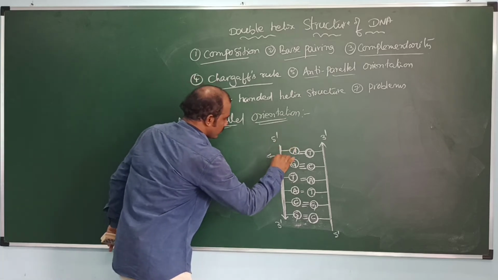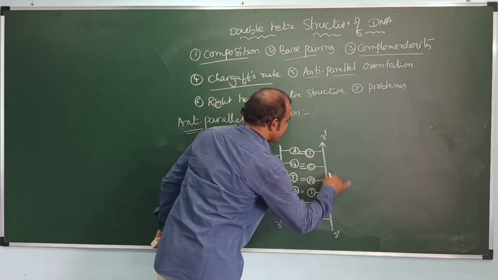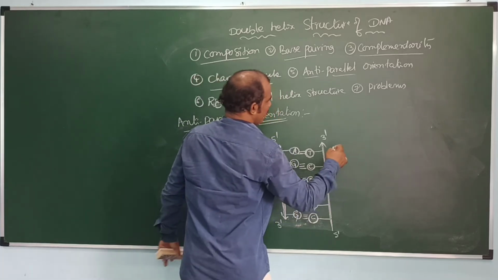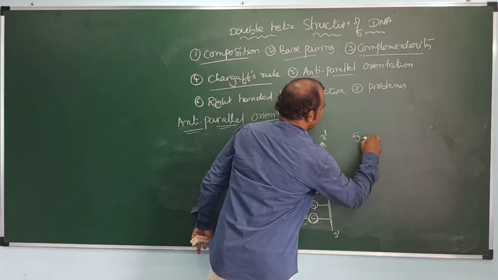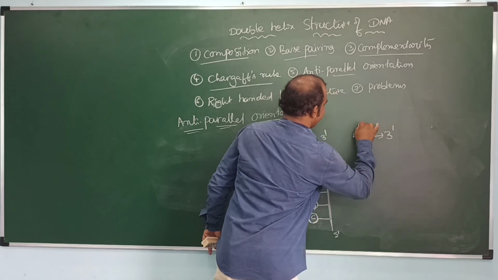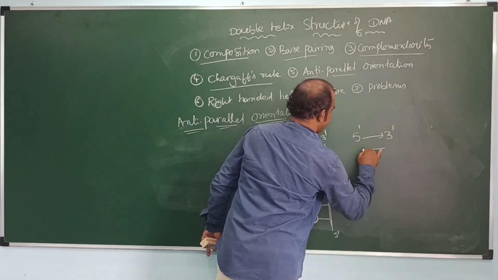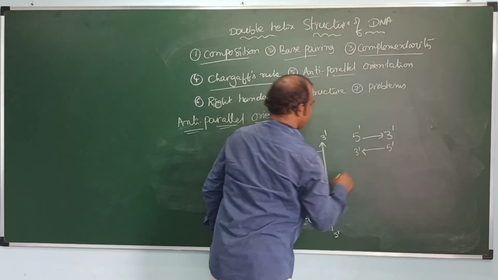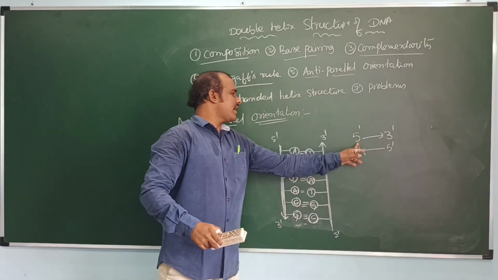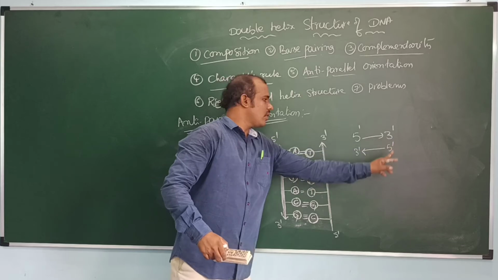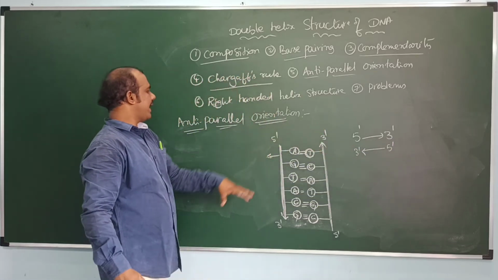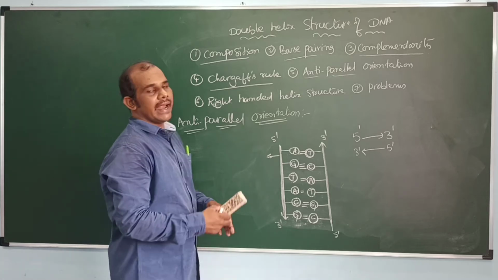One runs downwards, another runs upwards. In another way, we can say one strand runs towards the right side and one strand runs towards the left side. This is called anti-parallel orientation.